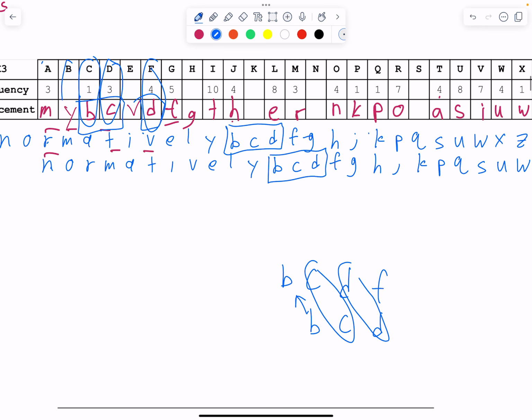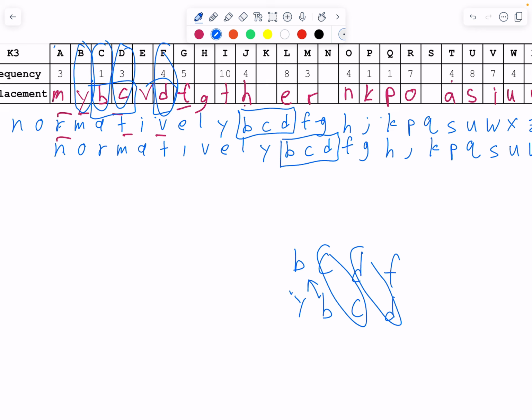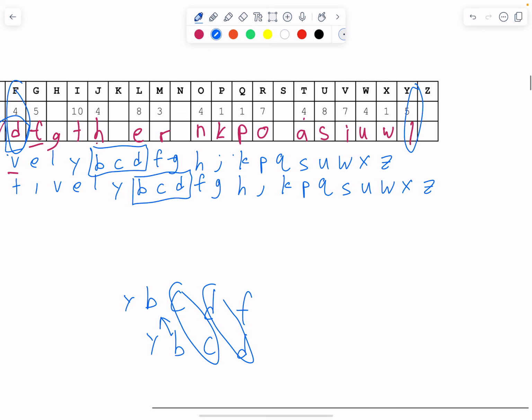Now what does B decode to? In this question, it didn't actually tell us that B is Y, but just for the sake of this, I'm going to say that B is Y, because I know the keyword is "normatively." Then you shift up Y, so you get Y up here, and what does Y decode to?